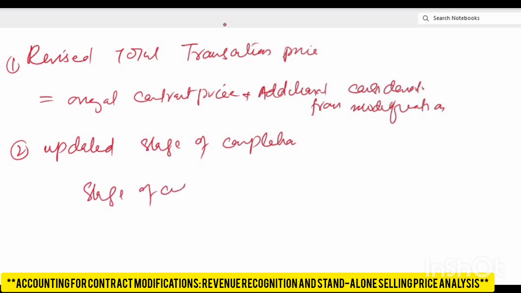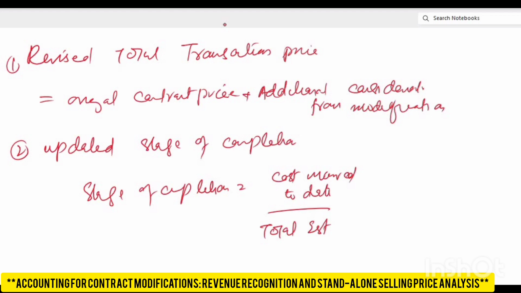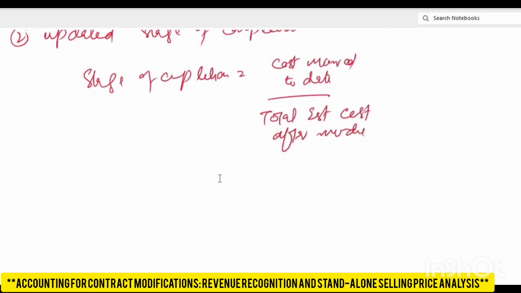Stage of completion, we have already discussed this before: cost incurred to date divided by the total estimated cost. Okay, total estimated cost after modification. Then you will get a percentage, and that will be the updated stage of completion.